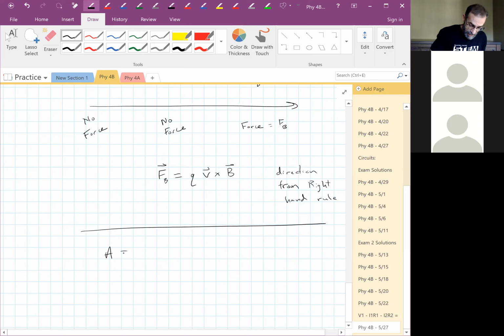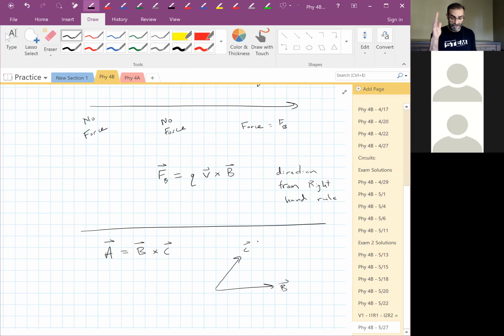If vector A is equal to B cross C, then B is this way and C is that way. What I do, I put my fingers in the direction of the first vector, B. B points to the right, so I would do my fingers that way.